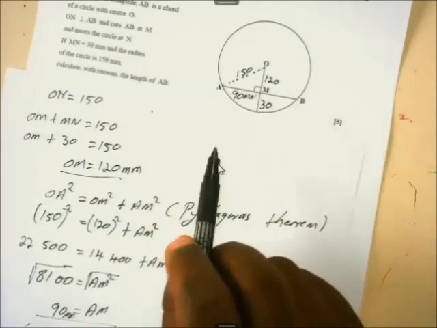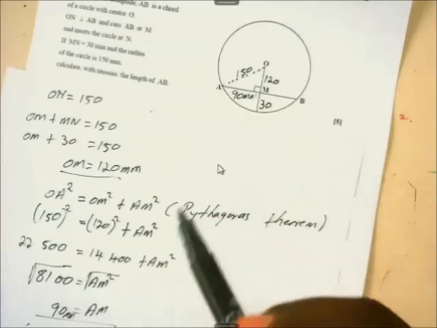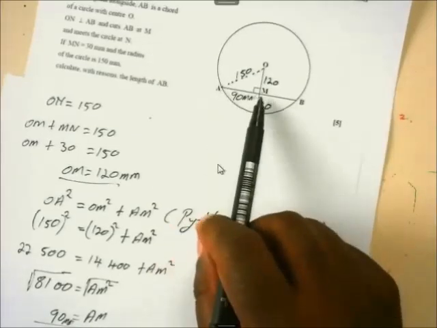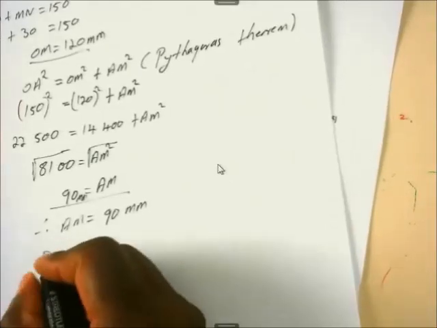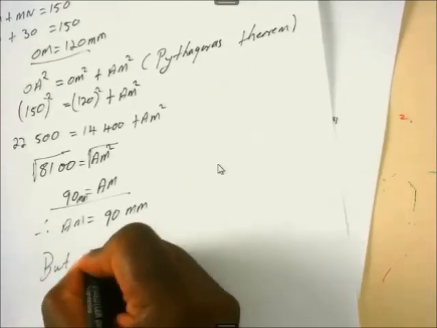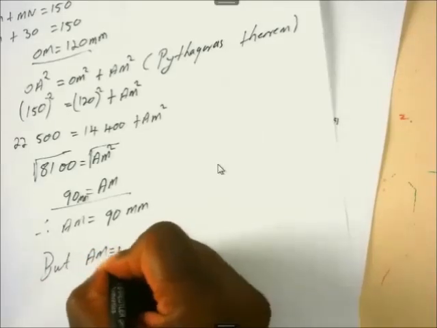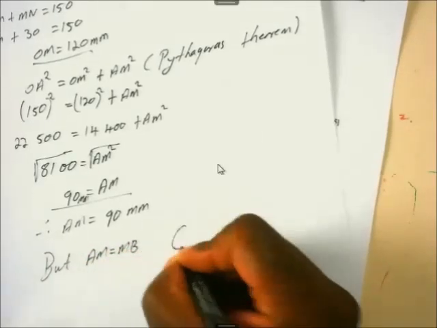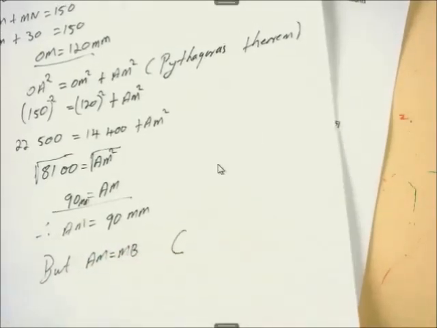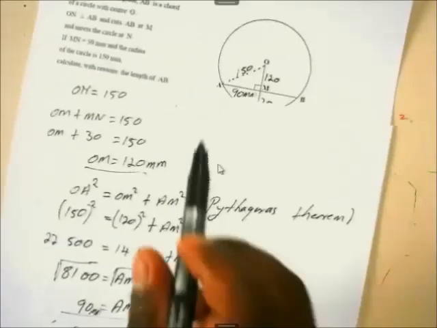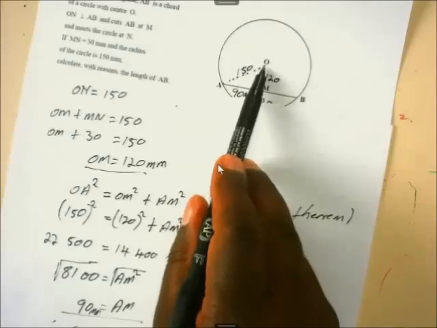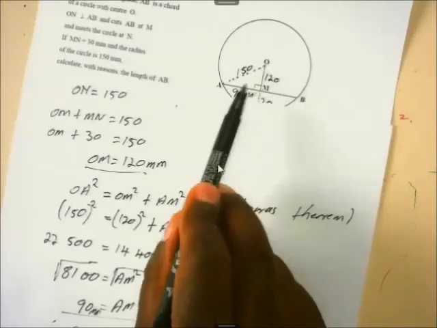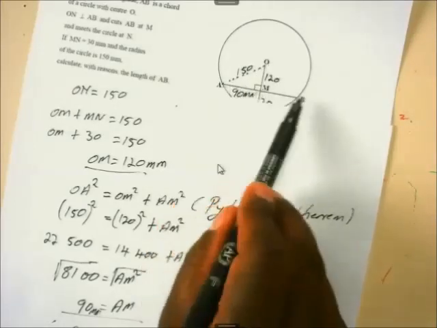But we know from one of the theorems that AM is equal to MB. It's geometry, so we must provide a reason for that statement. Why do we say AM equals MB? The reason is, the perpendicular drawn from the center to the chord bisects the chord.